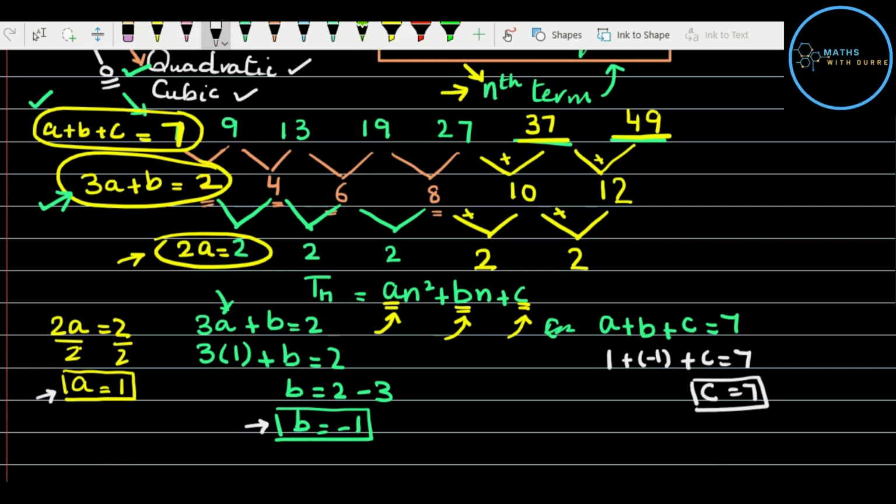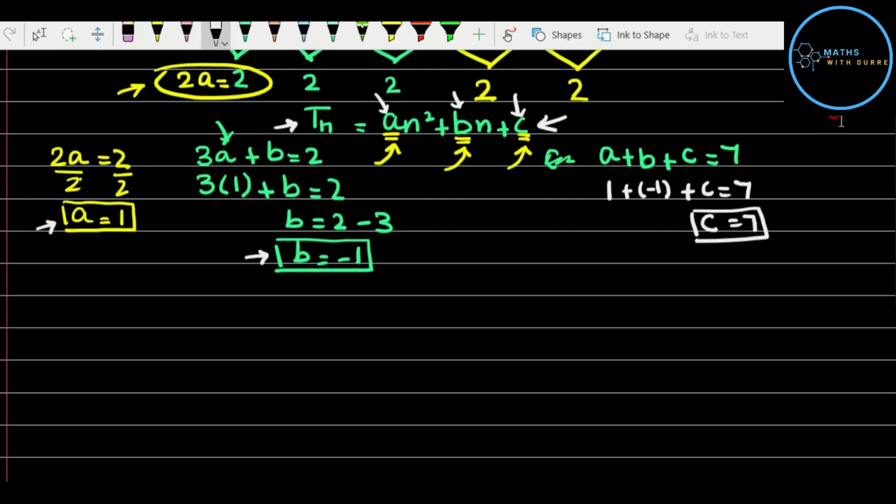So basically we need to move to this equation. We just need to substitute the values of a, b and c in this equation to get the nth term. Let's see how. Okay, so here I'm going to put the values. Tn is equal to an square plus bn plus c.